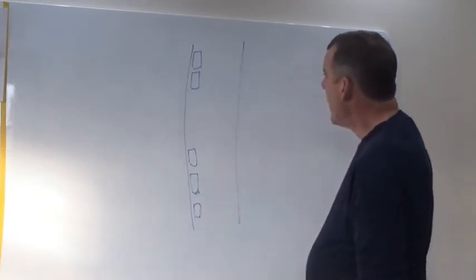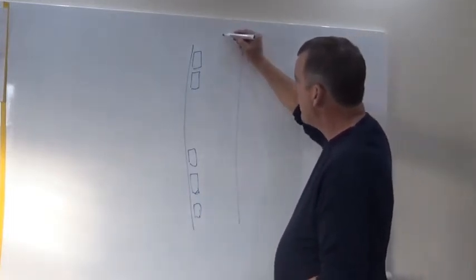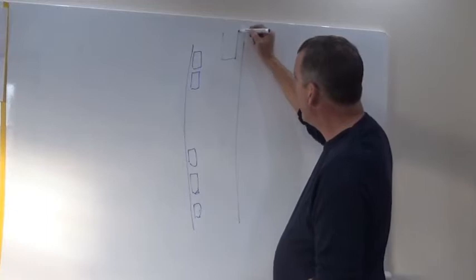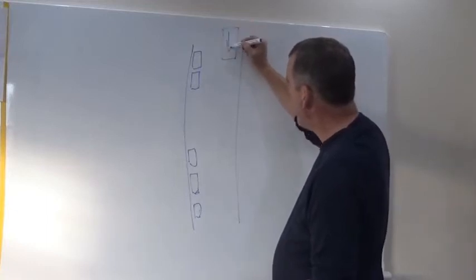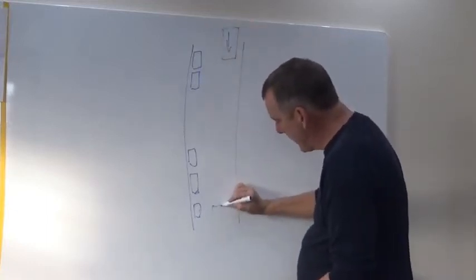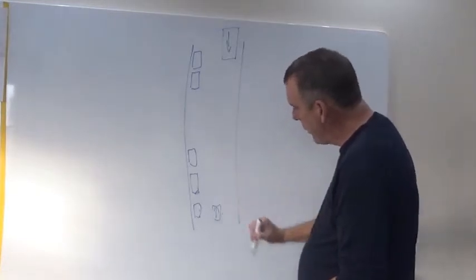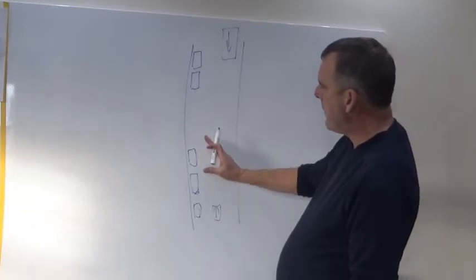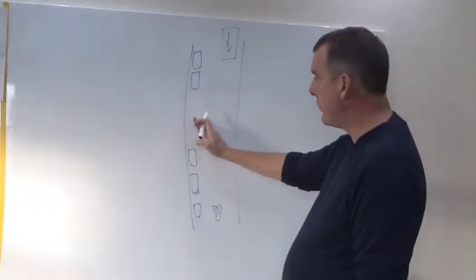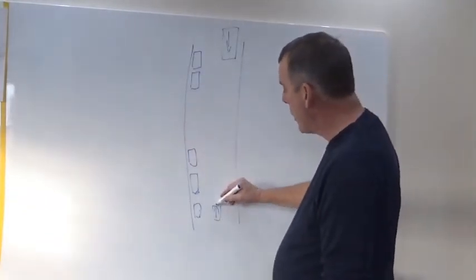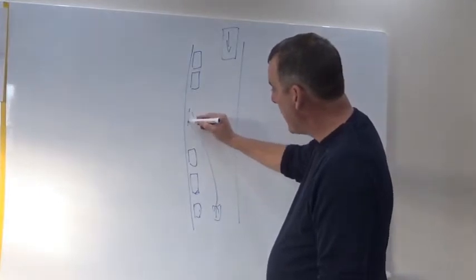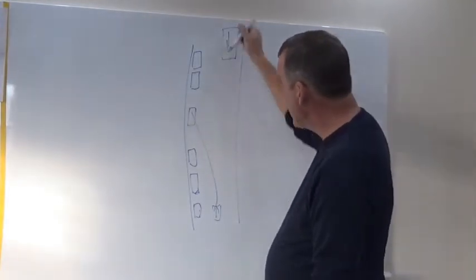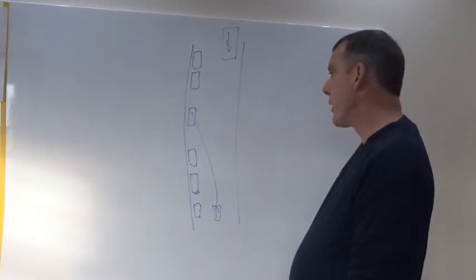There's a large vehicle, maybe a bus or a lorry, driving down towards us, and we are coming up the road. Chances are we're going to be forced into a space on the left between these parked cars, so we are going to go into this space to allow this large vehicle to come through.